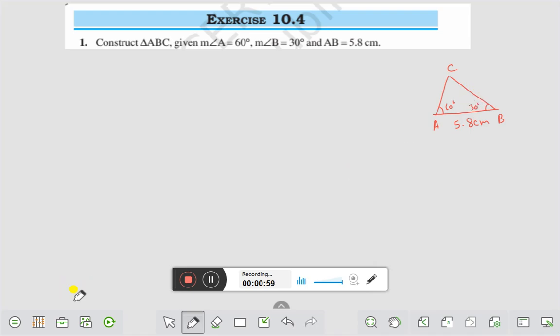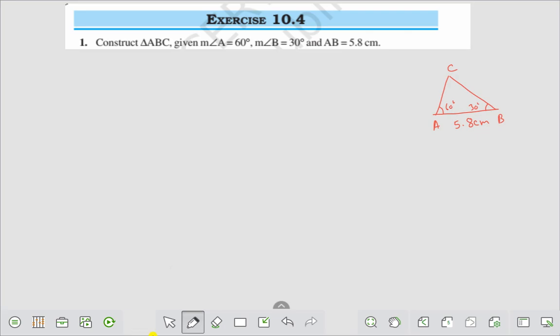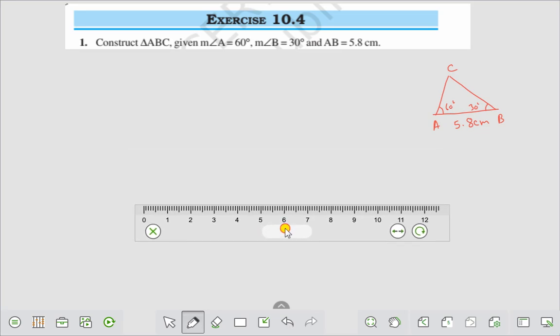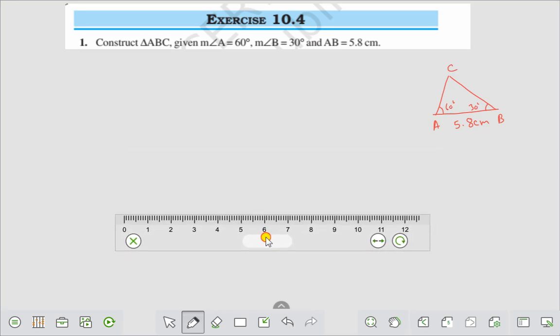First of all, what you have to do, take a ruler and make a side of exactly 5.8 centimeters.